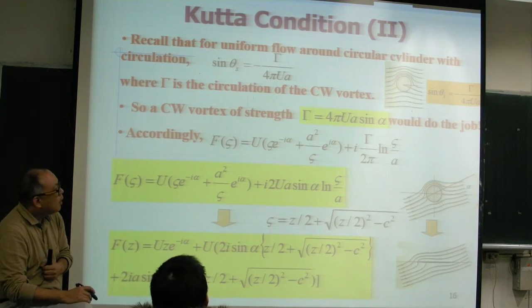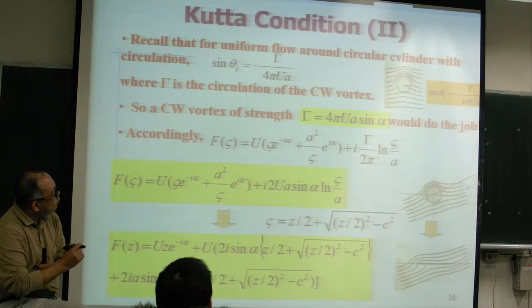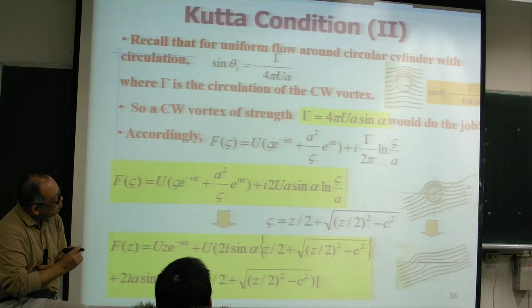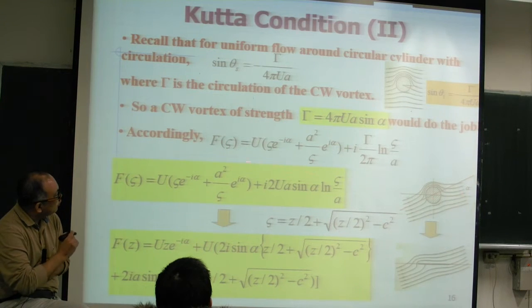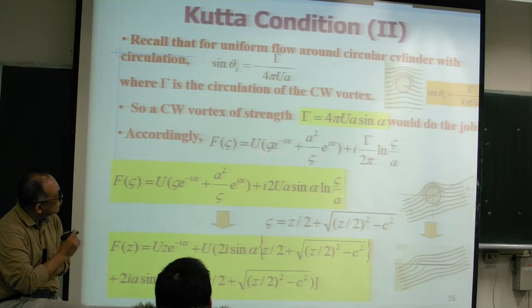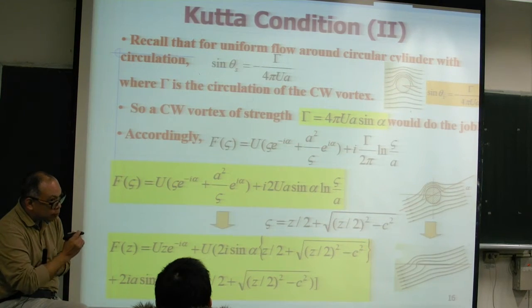Okay? Once you understand this point, the rest is easy. Flow over the cylinder with angle of attack and with circulation, you can write down your complex potential. This is uniform flow plus a doublet flow, which gives you flow over a cylinder with angle of attack alpha, plus a circulation.